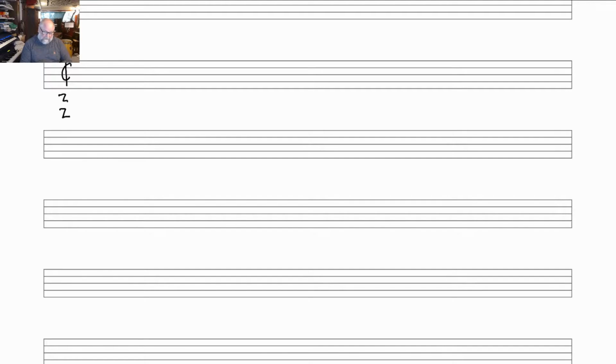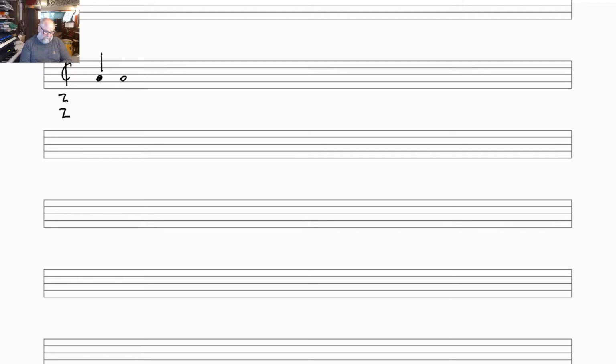By the way, common time, the C, is equal to 4-4 time. FYI. So C means 4-4, and a C with a line through it is called cut time, and that's the same as 2-2.